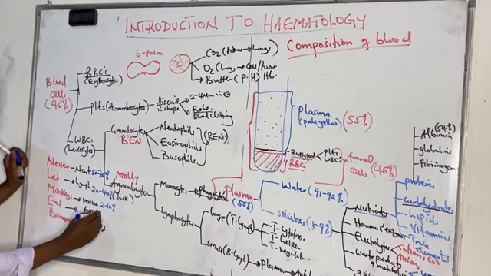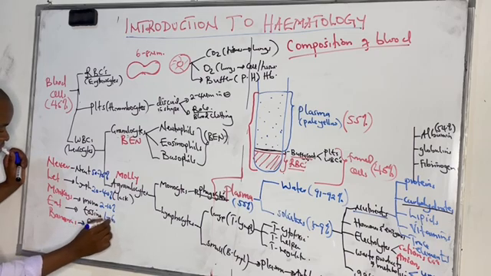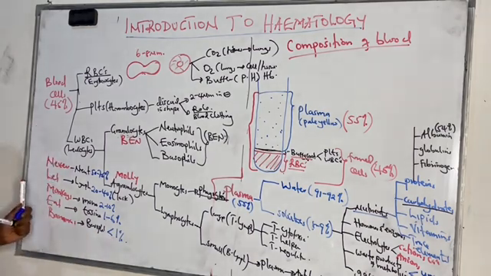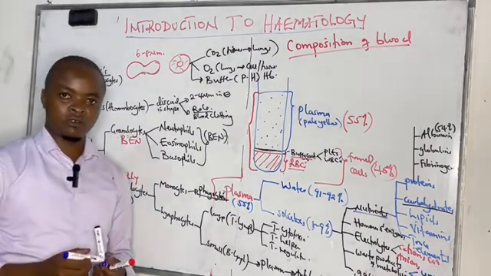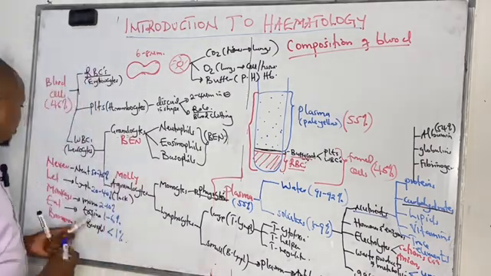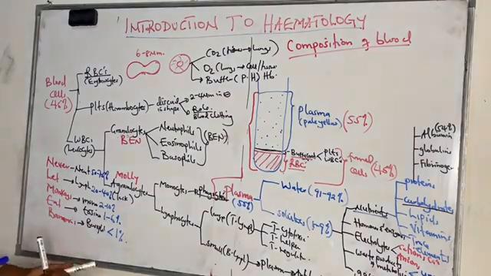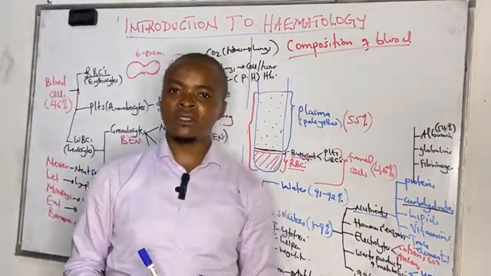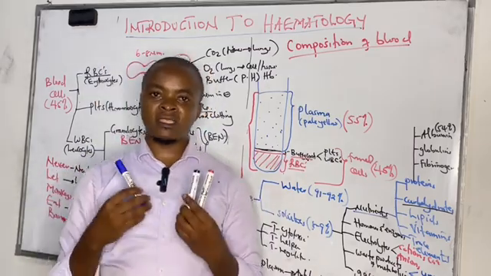Eosinophils are 1 to 6%. Then basophils are less than 1%. This is their composition in the blood circulation. So never let monkeys eat bananas can always remind us of the composition of the white blood cells in circulation in adults.